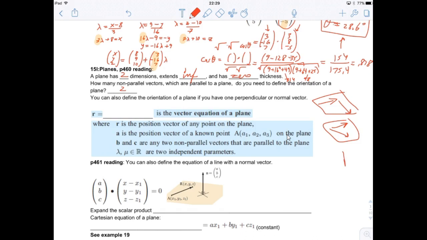Or if you have a normal vector, you can also define immediately the orientation of the plane, because it would sit perpendicular in all directions to the normal vector.